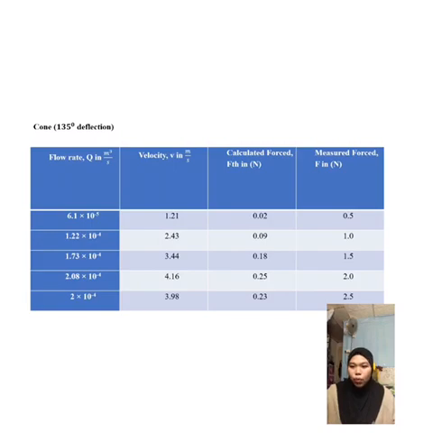For sample 1, 1000 multiplied by 6.1 × 10^-5, multiplied by 1.21, which is the velocity, in bracket 1 plus cos squared, where the angle we convert to 135 degrees. So the answer is 0.02.